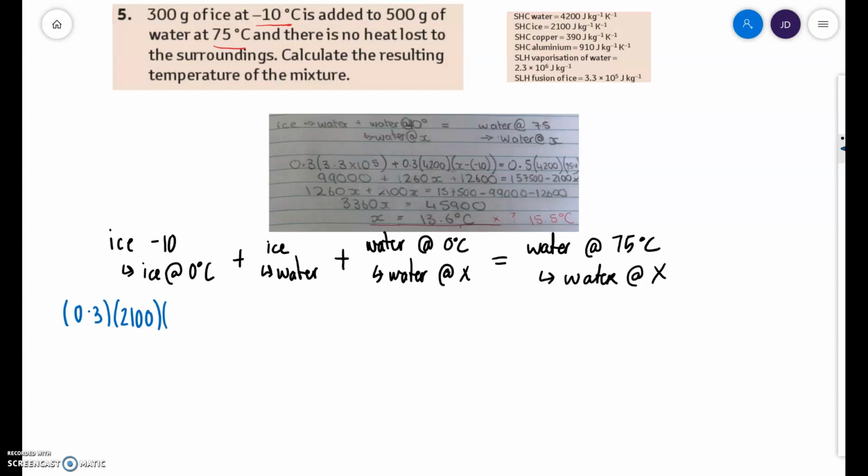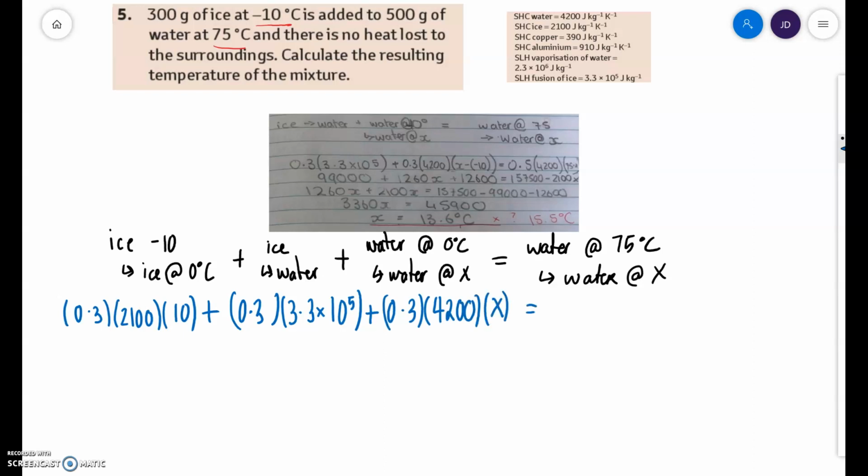The change in temperature here is going to be positive, so it's 10, plus ml for the ice, 0.3 times the latent heat of fusion, 3.3 by 10 to the power 5, which you had correct, plus the water is still ice, so it's 0.3 times, now it's water, so it's the specific heat capacity of water, and the change in temperature here is going to be X, equals 0.5 times 4200 times 75 subtract X, and you're well able to finish it off from there.